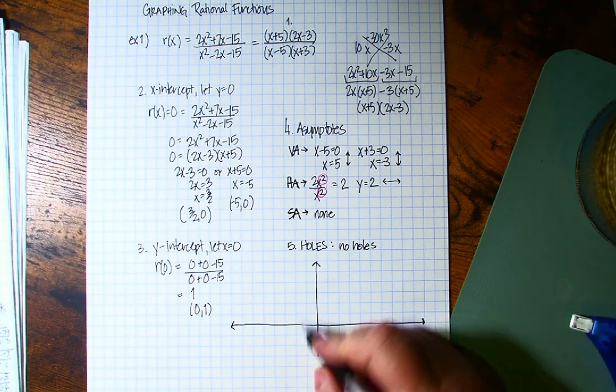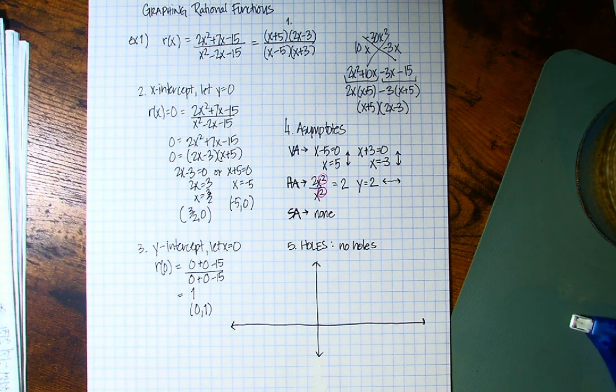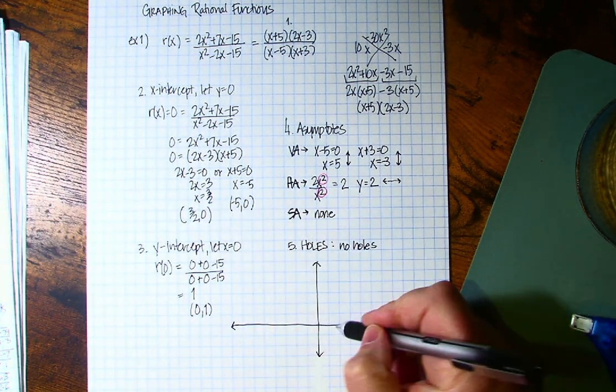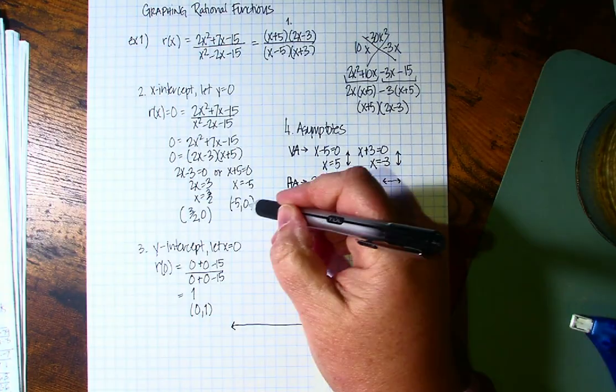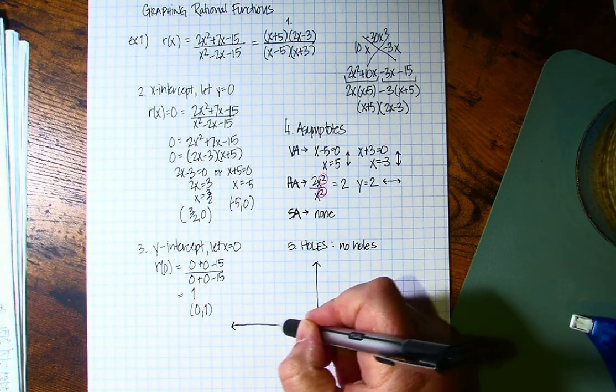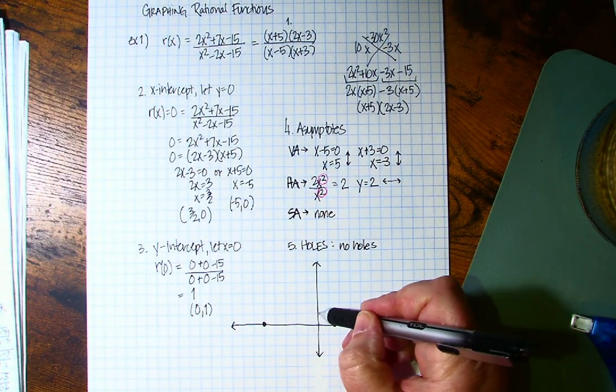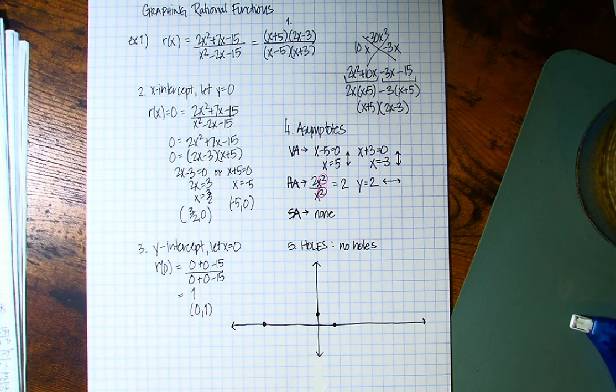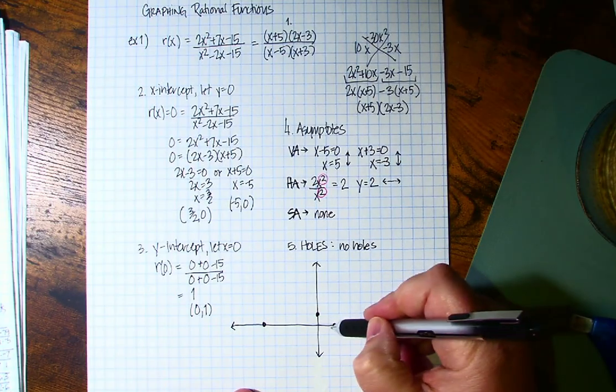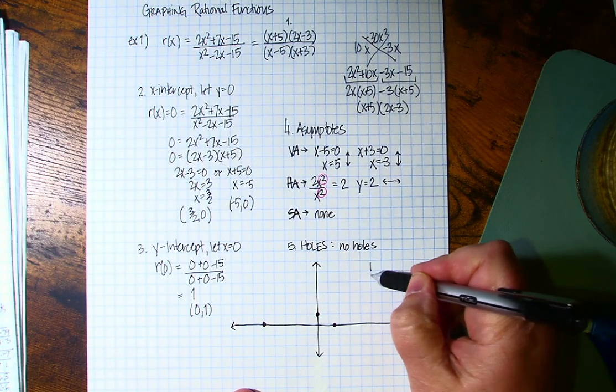Okay. All right. So I've got my x-intercept at 3/2, 0. Got a second x-intercept at -5, 0. I've got a y-intercept at 0, 1. So I can go ahead and plot those 3 points. I've got an asymptote at x equals 5.